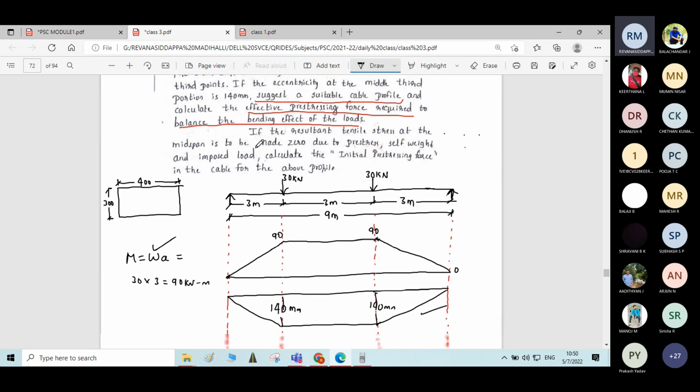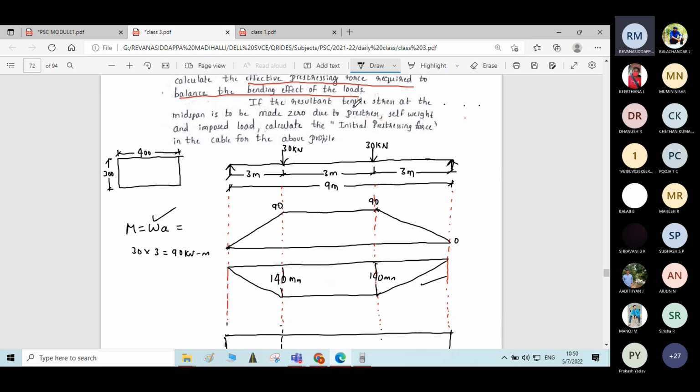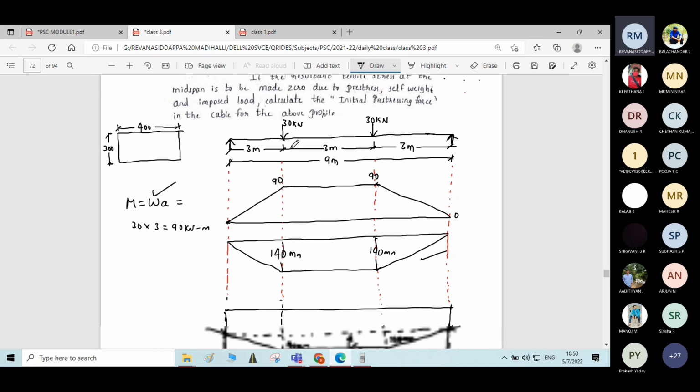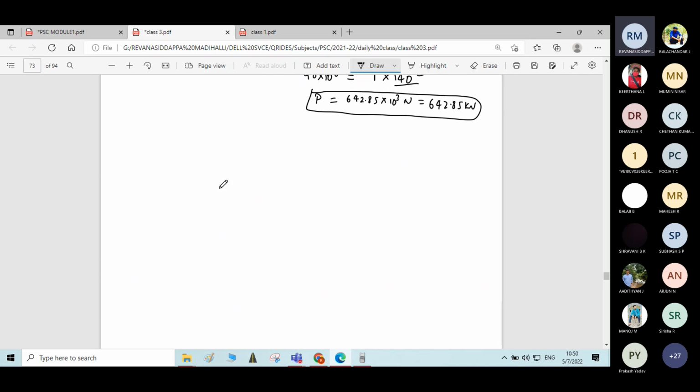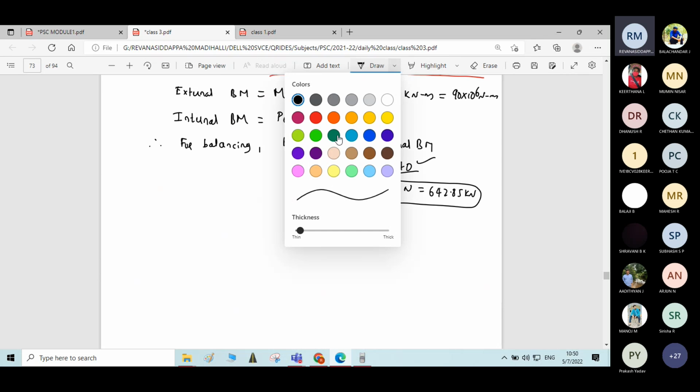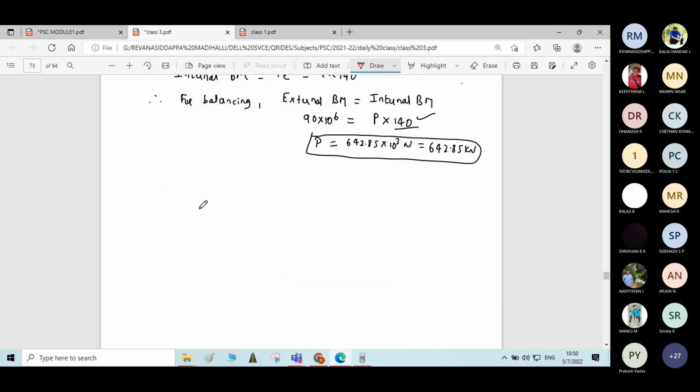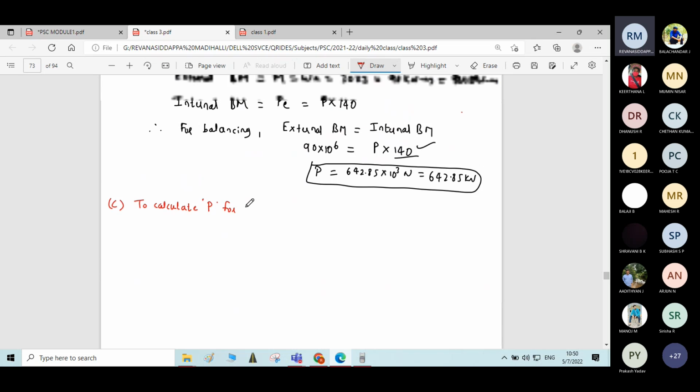Next part of the question. If the resultant tensile stress at the midspan is to be made 0 due to pre-stress, self-weight and imposed load, calculate the initial pre-stressing force in the cable for the above profile. This is the last question we have to solve. Question C: to calculate pre-stressing force P for resultant tensile stress.